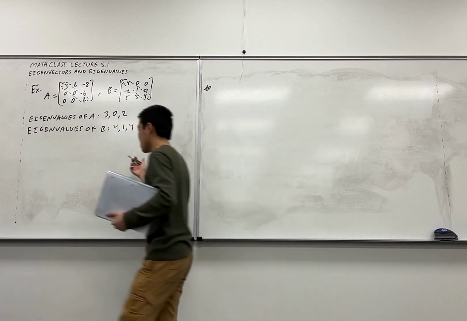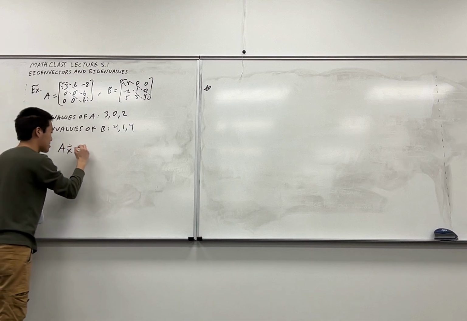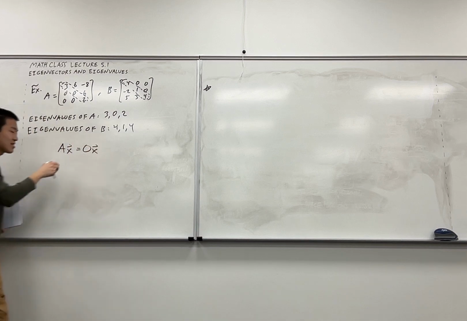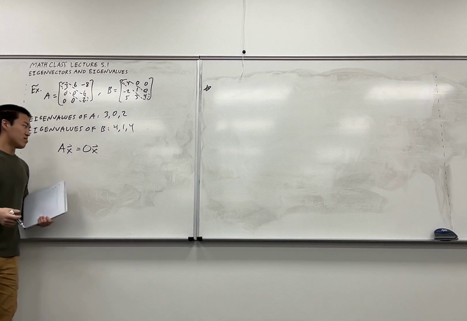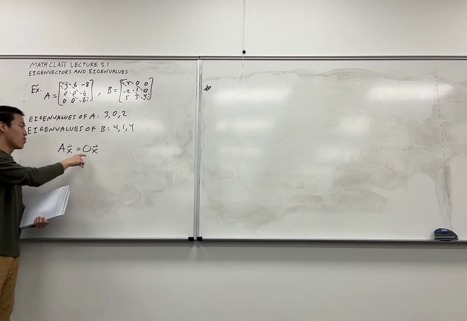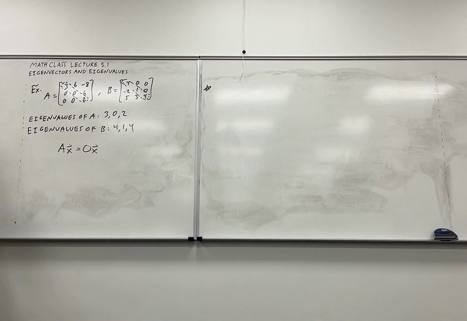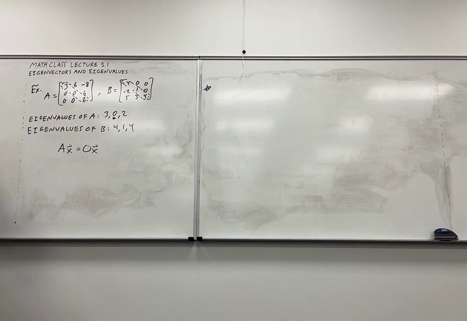Because when you really think about it, that looks kind of funny. If I end up with something like Ax equals 0 times x, because that's technically a scalar, you might be thinking, isn't 0 times x just the 0 vector? So what on earth is going on here? Especially with this matrix A, one of its eigenvalues is 0. What do we really mean by that? Because obviously I'm not visually scaling anywhere, so what happens?